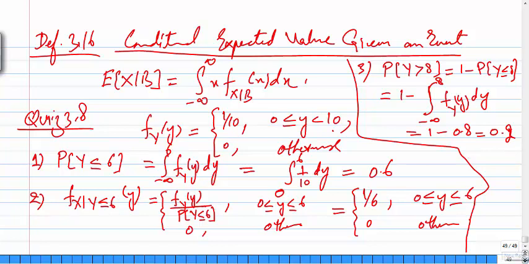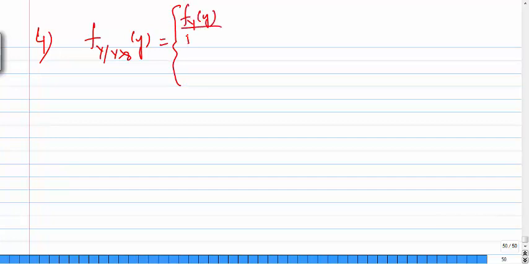Now the fourth question says to calculate the conditional PDF of Y given Y is greater than 8. It is similar to the previous case, just plug in the values. Sorry about that. We have to write the event, 8 less than Y less than or equal to 10, and 0 otherwise.